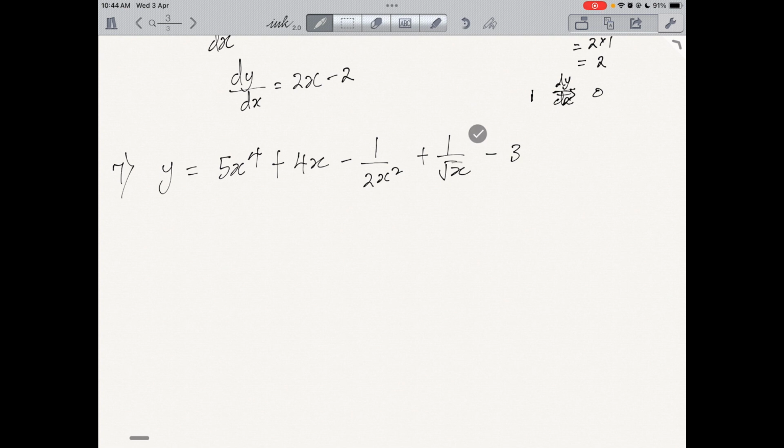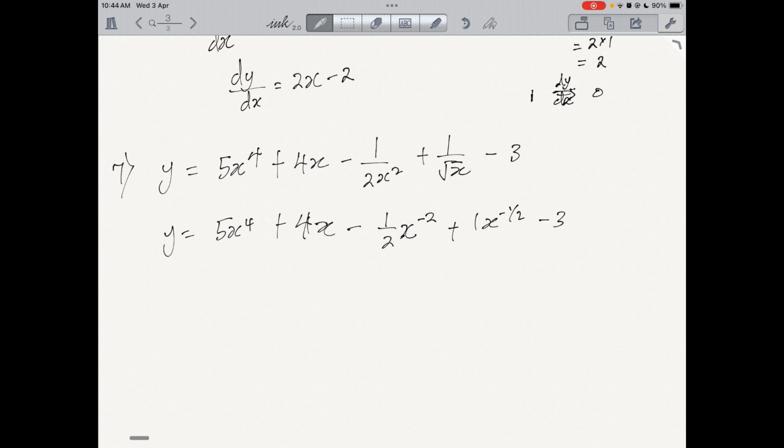Now the first thing to do is to put all the variables in the format of ax raised to the power n. Now y here will be equal to 5x to the power 4 plus 4x minus 1 over 2 x to the power minus 2 plus 1 multiplied by x to the power minus 1 over 2 minus 3.